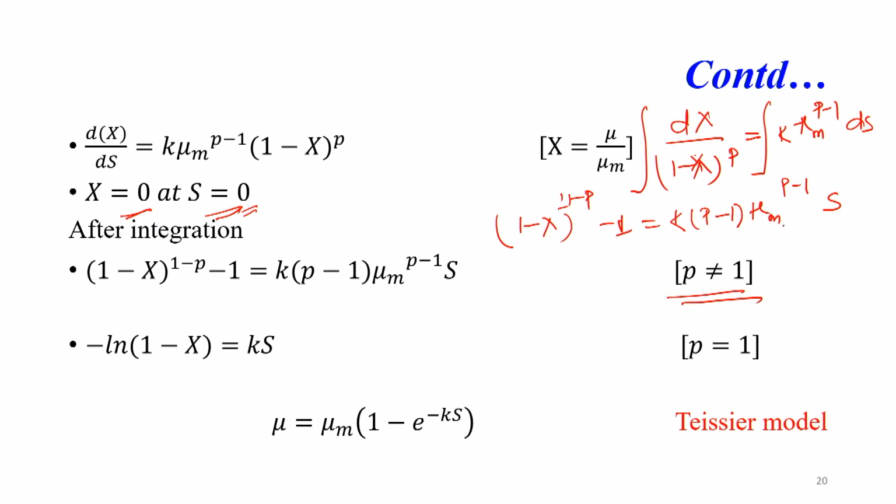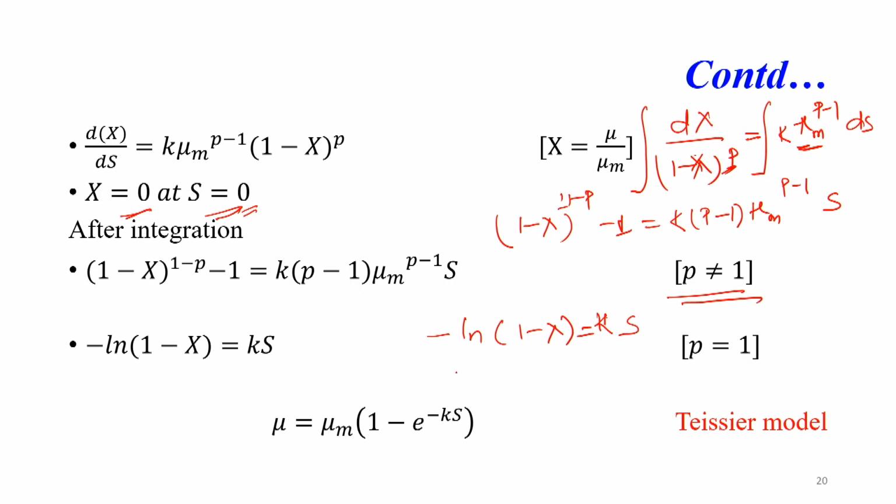If I put p equal to 1, then we will end up with minus ln(1 minus x) equals k mu max to the power 0, which is 1 because p is 1, so this will be k into s.